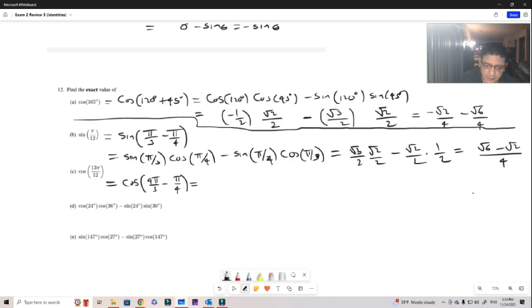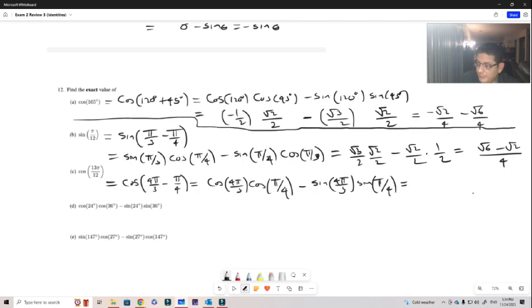Now then, this is cosine, so we apply the double angle formula for the cosine. This is cosine of 4 pi over 3 times cosine of pi over 4 minus sine of 4 pi over 3 times sine of pi over 4.